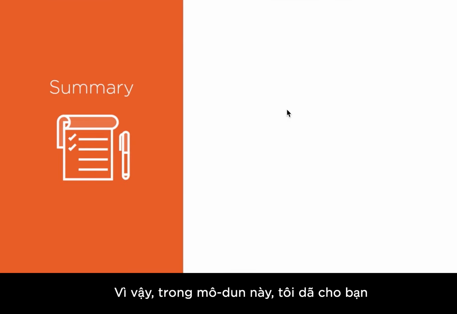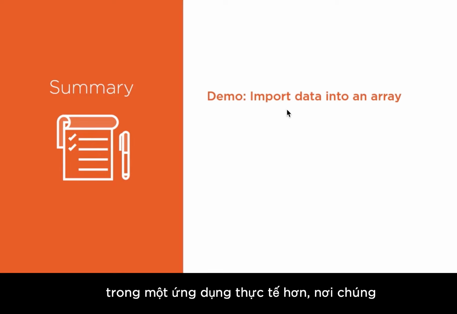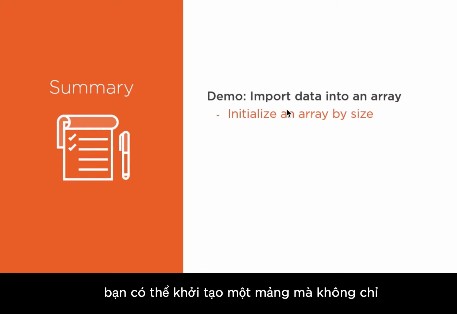So in this module, I showed you an example of using an array in a more realistic app where we had to import external data into the array. Amongst the things you learned along the way are you can initialize an array without specifying the values to go in it up front, but in that case you must at least say how big the array will be.